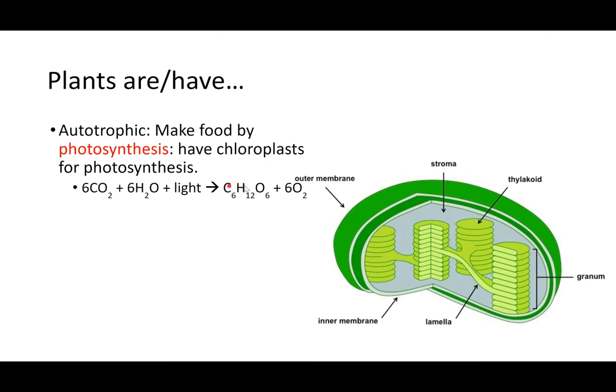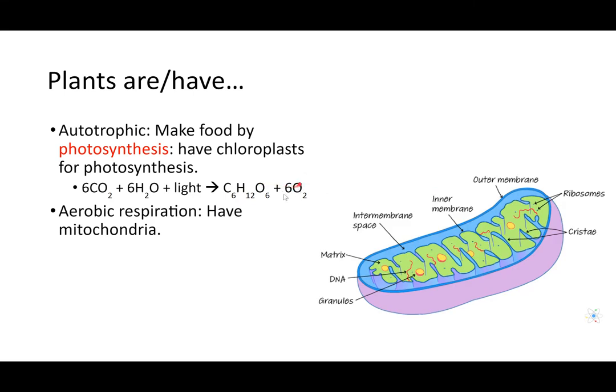Number one, it can be combined with another sugar called fructose in order to make cellulose, which will make up the cell wall. Or the sugar and the oxygen can make their way to the mitochondria, where the plant will perform aerobic cellular respiration in order to create ATP energy.